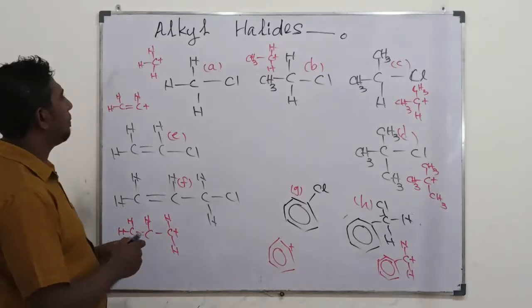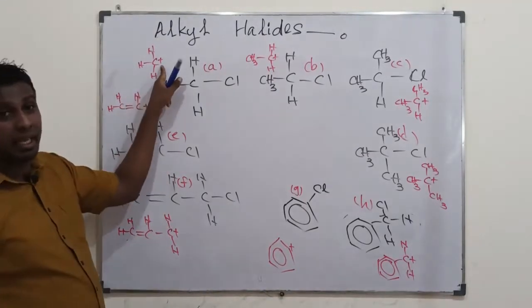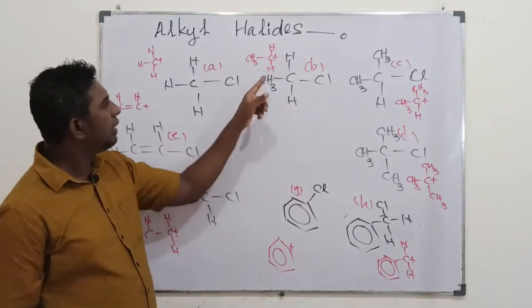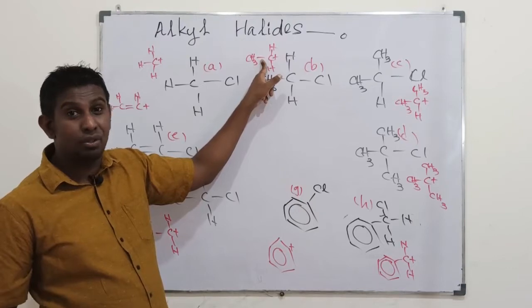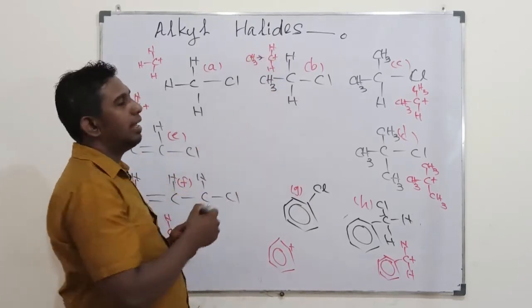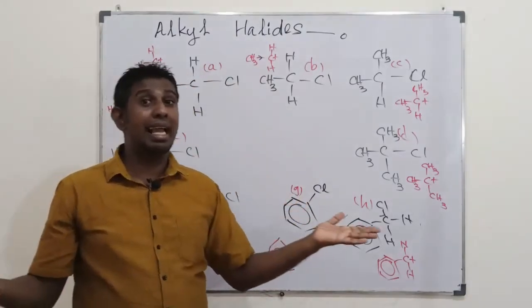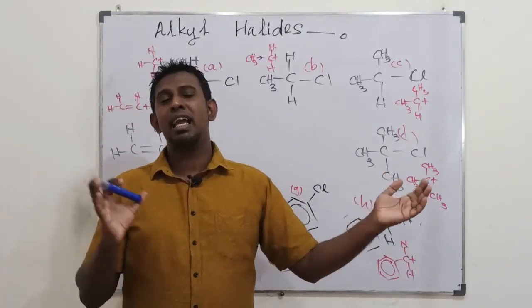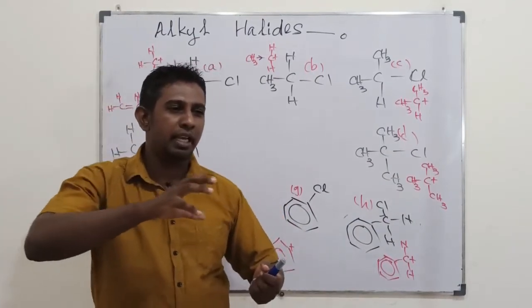So students, you have just three H's on the carbocation. Then you have one methyl group, an alkyl group. Alkyl groups are electro-repelling groups. They push electrons towards the carbon. That's what alkyl groups are famous for.